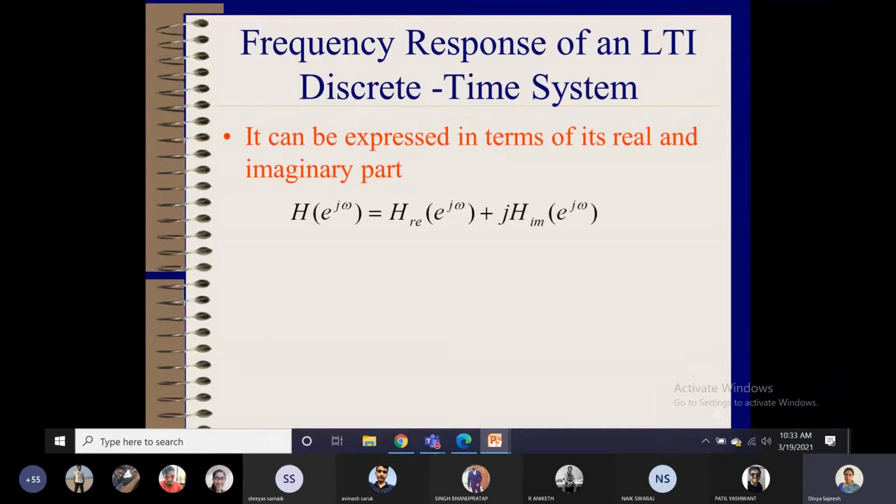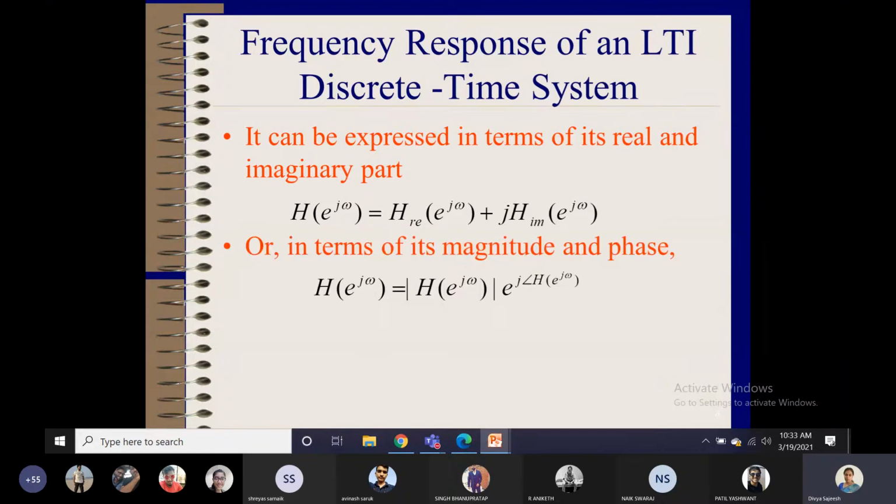If I can segregate into the real and imaginary parts, then let us observe the magnitude. I can also represent it the other way, that is the polar way. So I can write it as magnitude of H of e raised to j omega into e raised to j angle H of e raised to j omega. Sometimes we need the complex representation of H of omega, and sometimes we may require the polar representation.